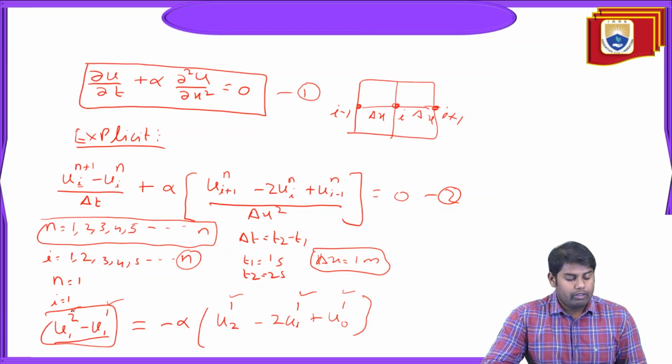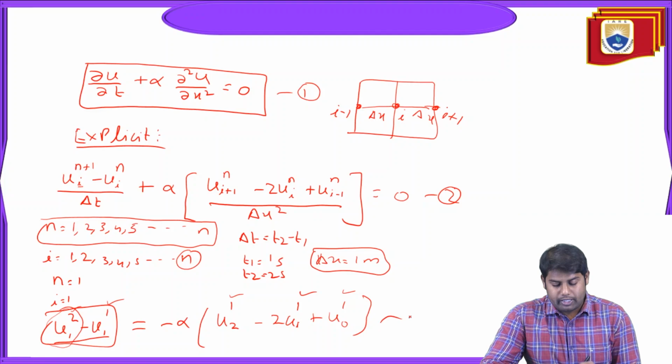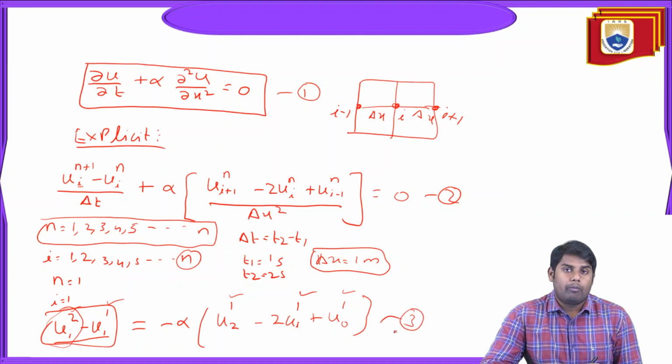This value we will get when we calculate this equation, let's say this is 3, through arithmetic operations. So what do we have in the explicit method? We have only one unknown and all the remaining are known parameters. Okay, so this is what we have for the explicit method.